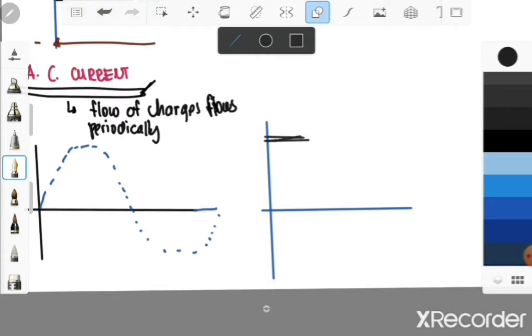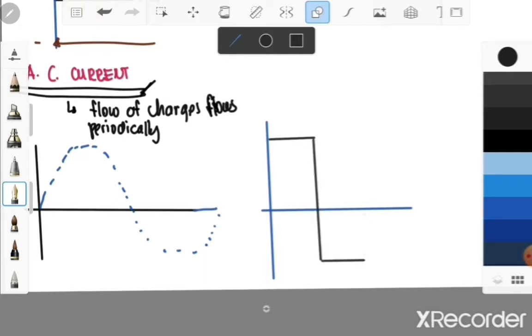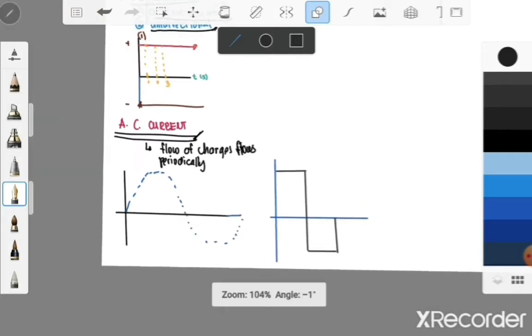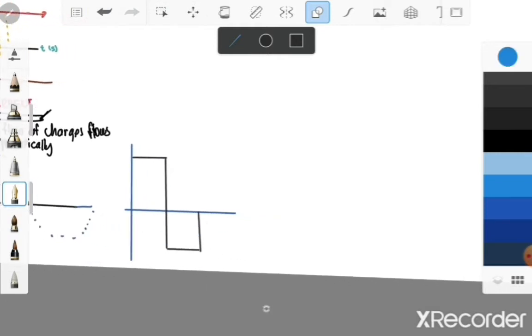And when you talk about your rectangular wave, this is the graph of your rectangular wave.